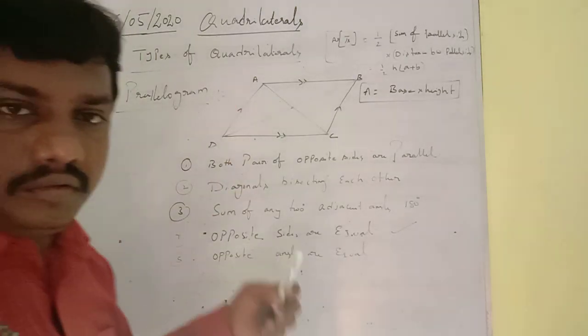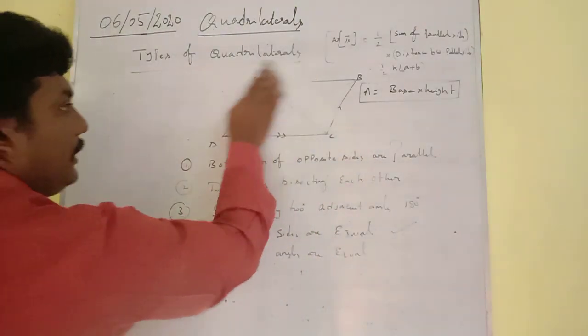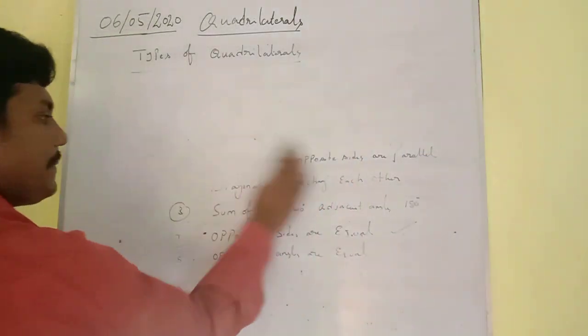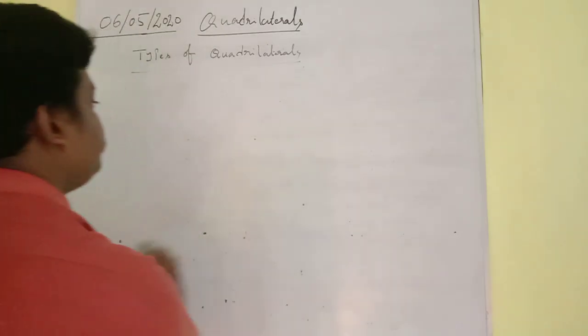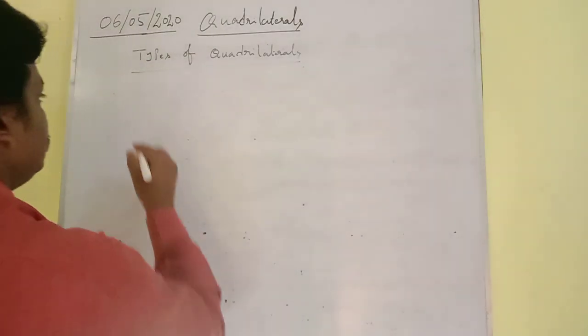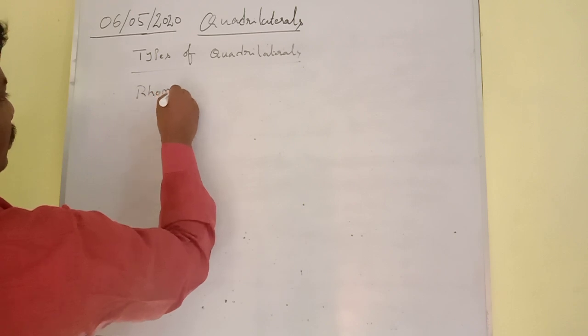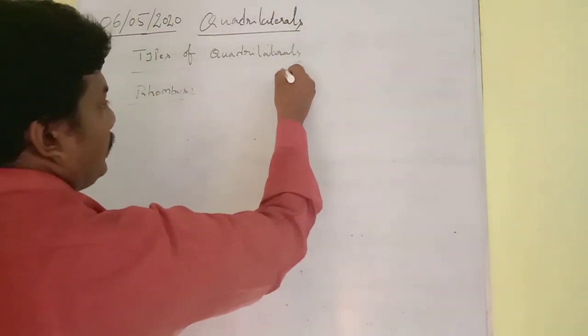So are you clear? Next type of quadrilateral is the rhombus. Very important. You can see the rhombus here.